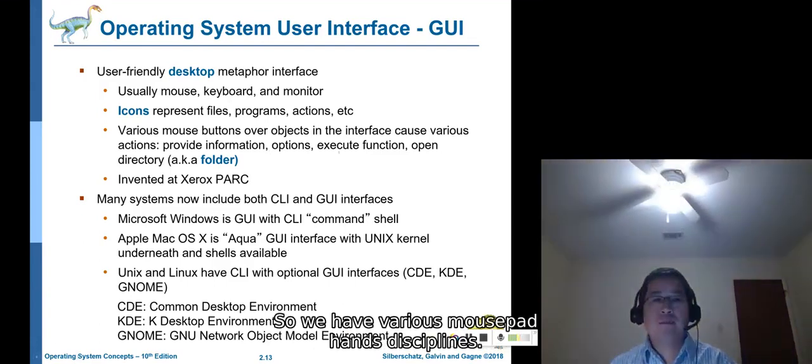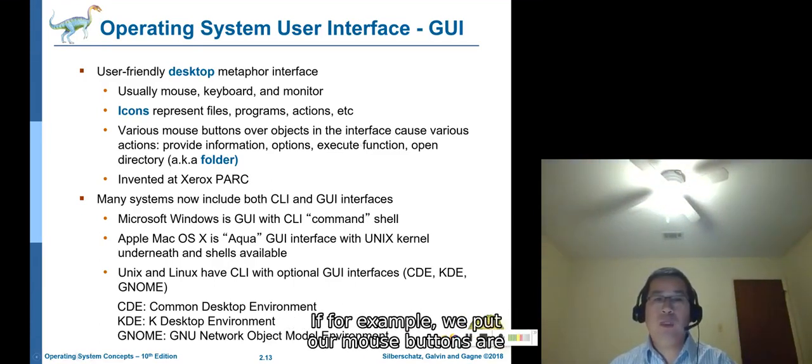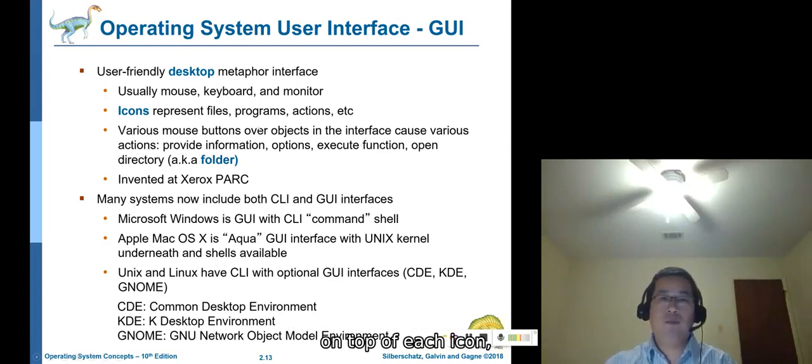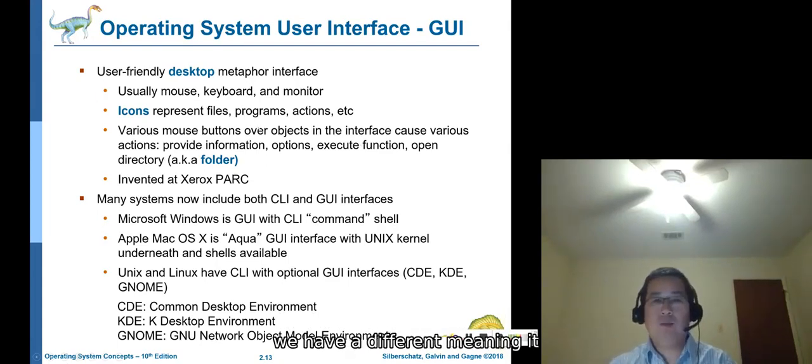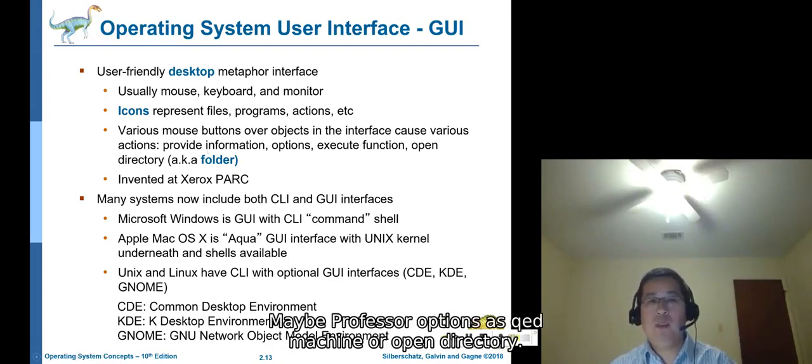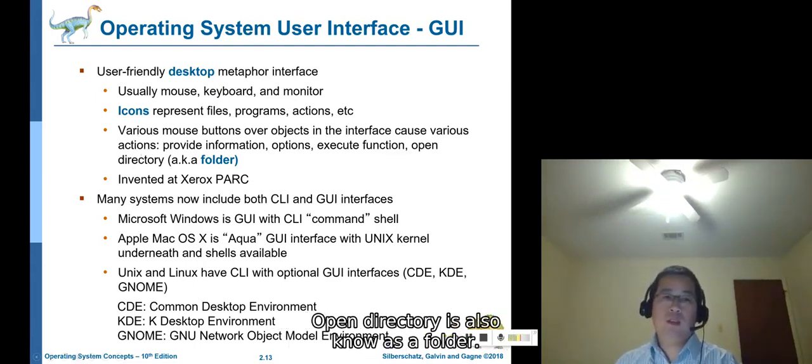Okay. So we have various mouse buttons. This means, for example, we put our mouse on top of each icon. We have different meanings. It may provide information, maybe provide some options, execute a function, or open a directory. Open directory is also known as folder, right?